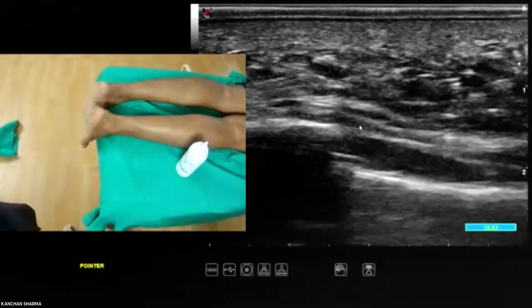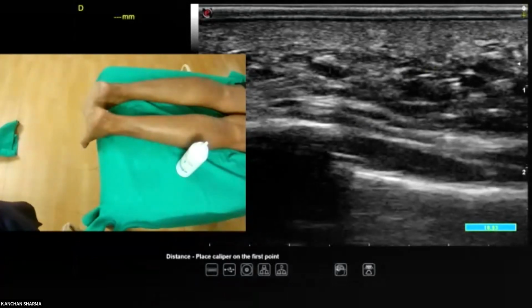Now, first understand with the arrow. This is my plantar fascia. This is the upper portion, this is the below portion. If I want to inject my plantar fascia, my needle should be within this territory. I should not go out of this territory. Now you see, this is my needle coming from there.